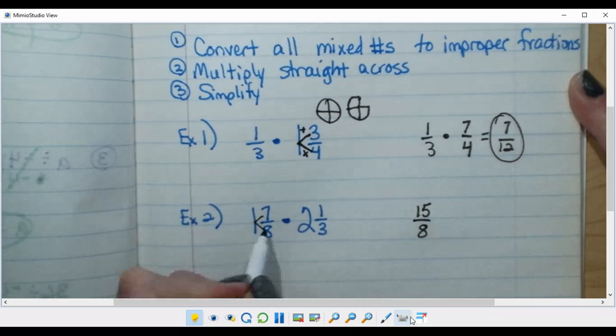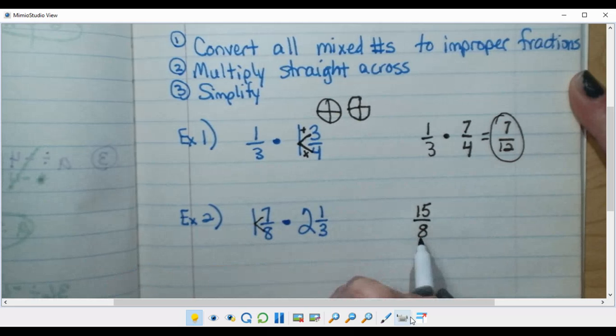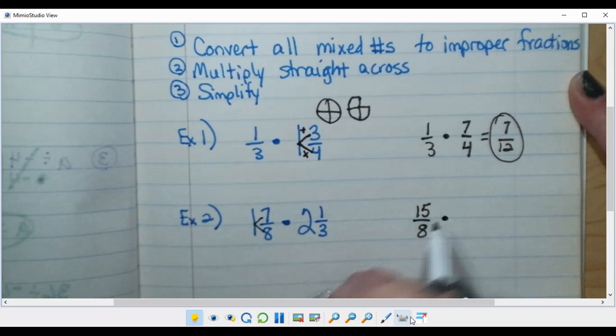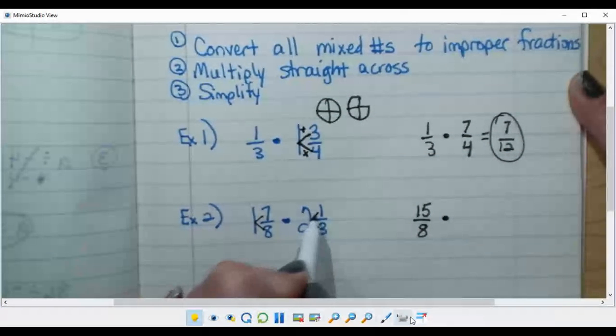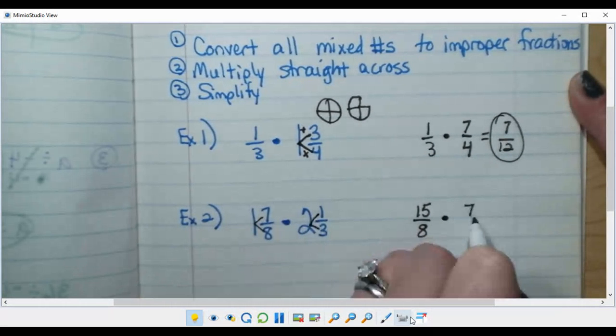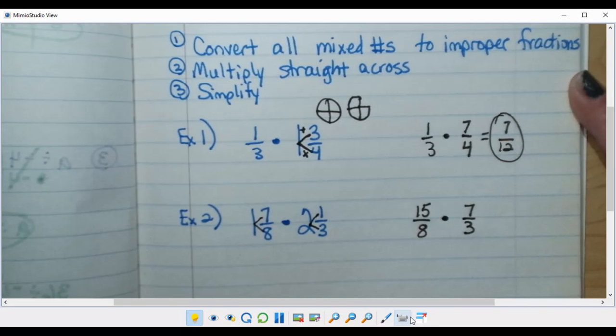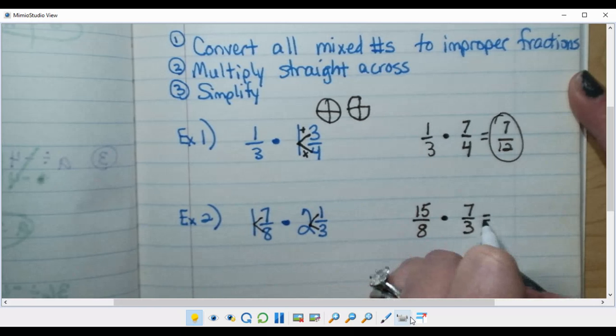So 1 7/8 is equal to 15/8. Keep our times sign, and then we do it again. 3 times 2 is 6, plus 1 is 7. Keep the denominator. Step 1, complete. Check.